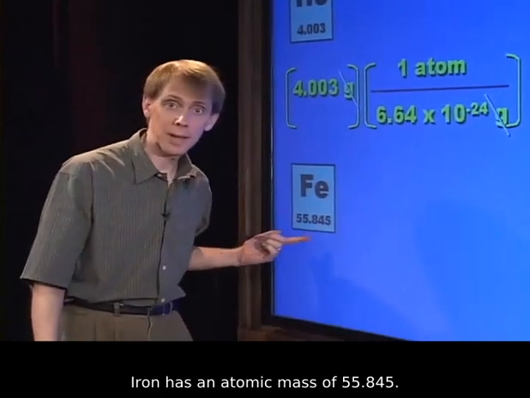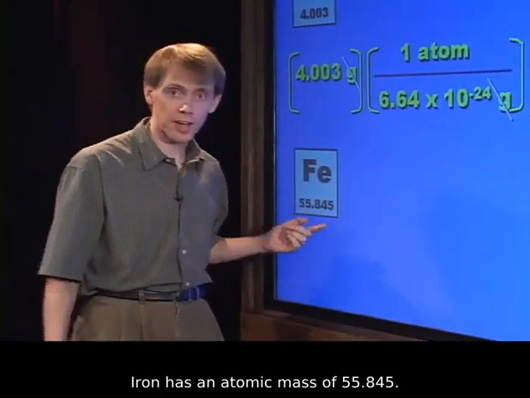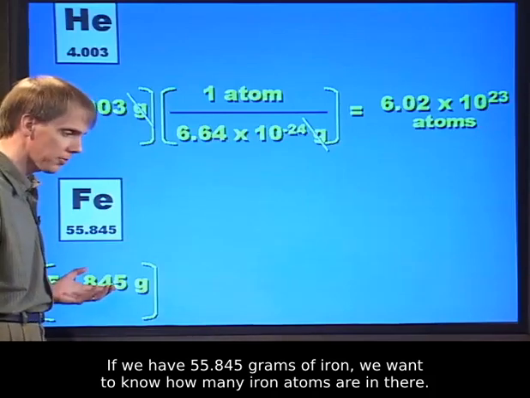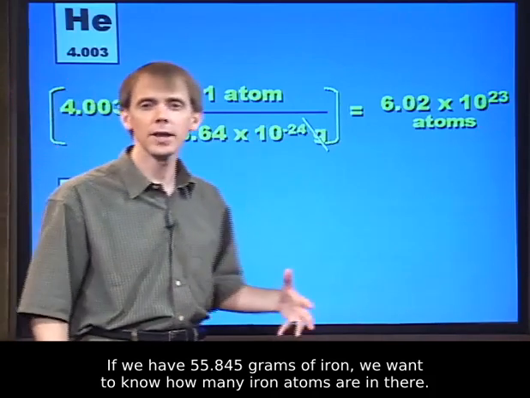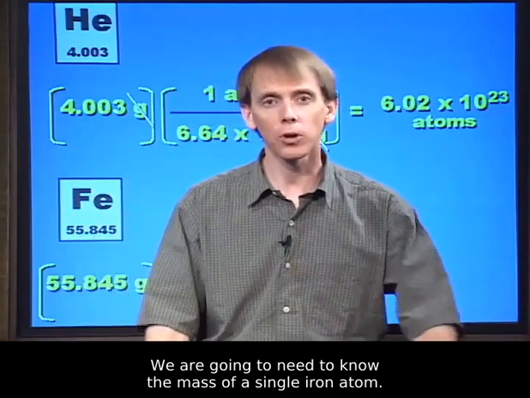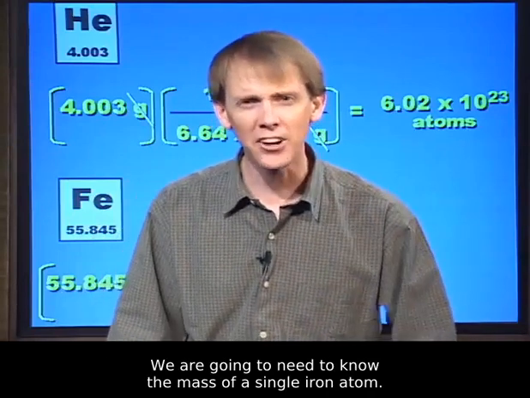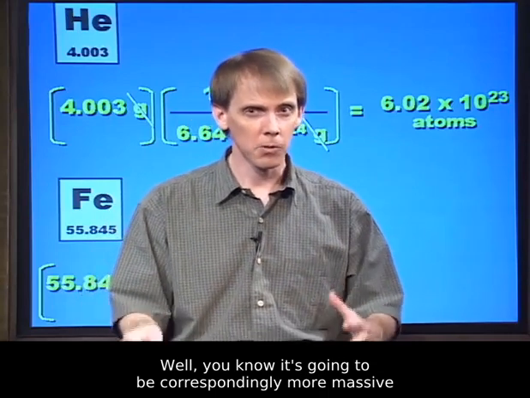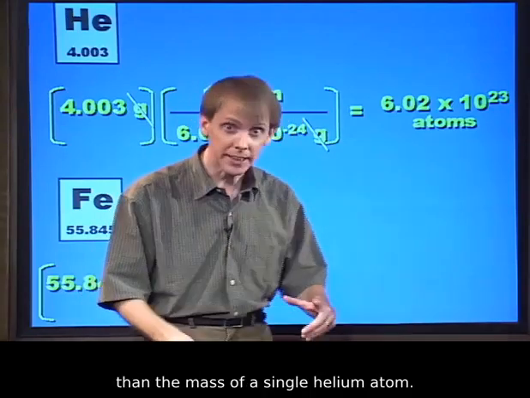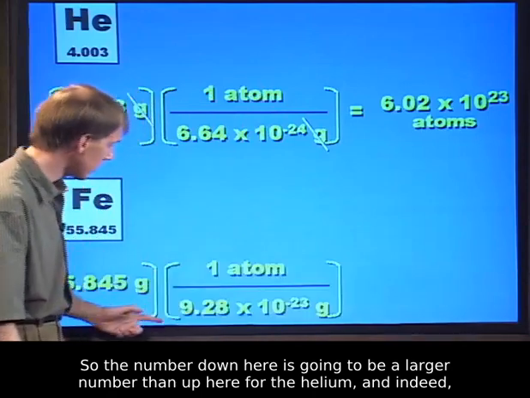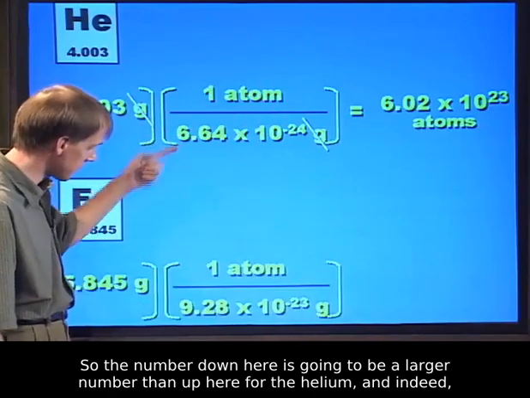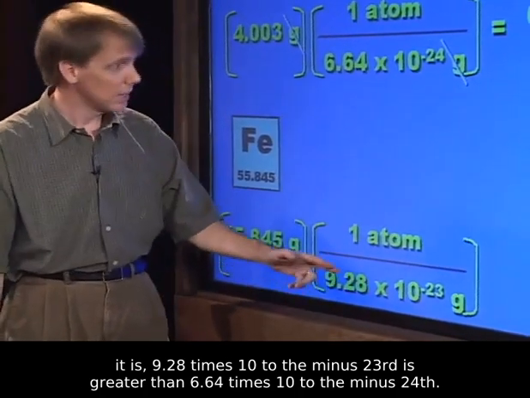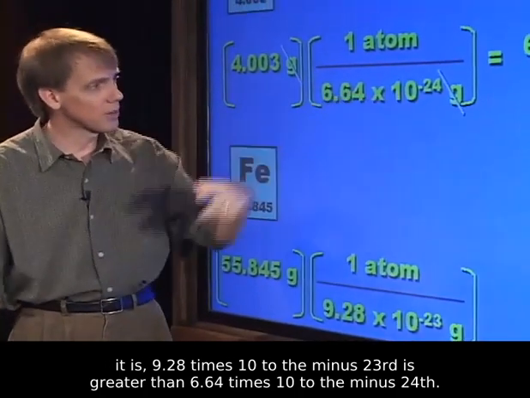Iron has an atomic mass of 55.845. If we have 55.845 grams of iron, we want to know how many iron atoms are in there. We're going to need to know the mass of a single iron atom. It's going to be correspondingly more massive than the mass of a single helium atom. So the number down here is going to be larger than up here for the helium, and indeed it is. 9.28 times 10 to the minus 23rd is greater than 6.64 times 10 to the minus 24th.